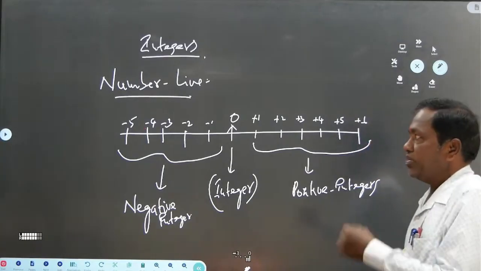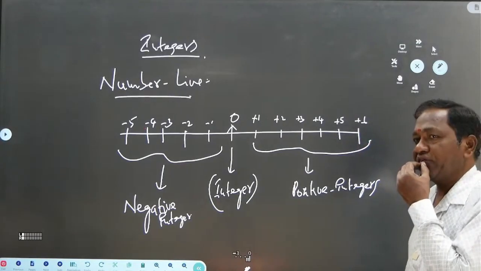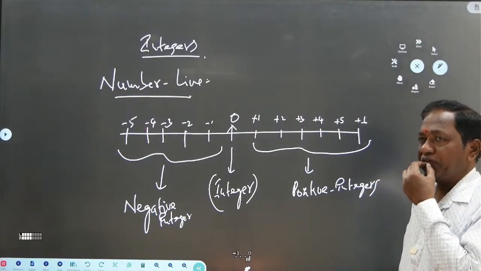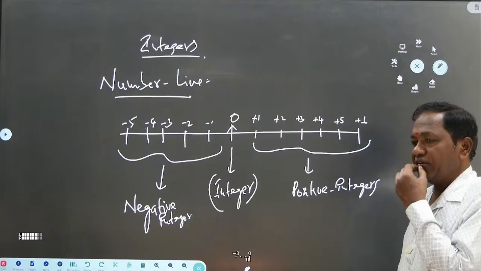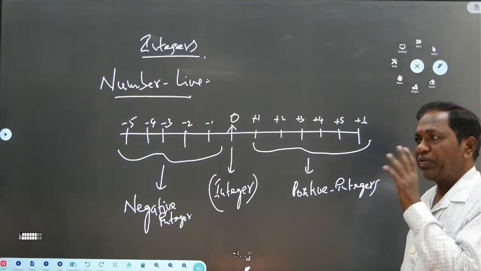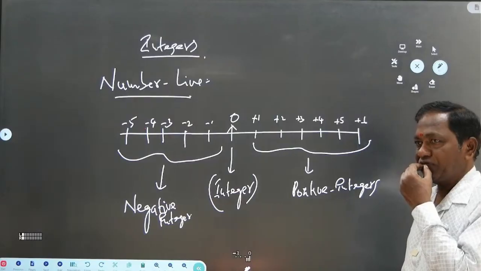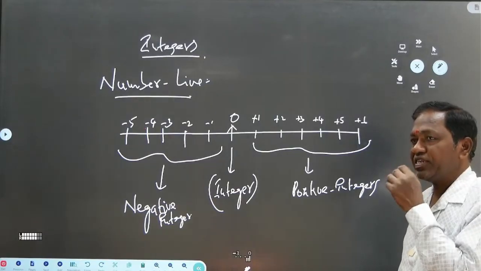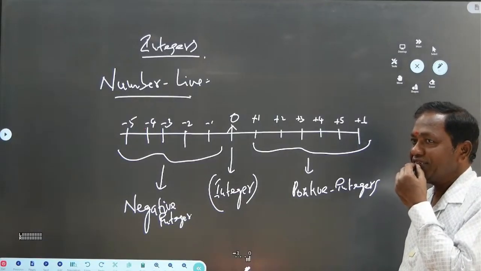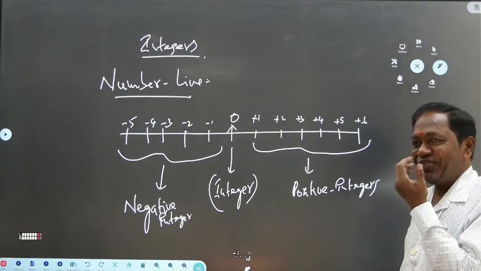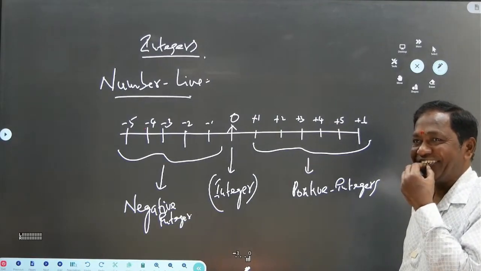But just let me ask you one thing, I'm just trying to interact with you. Are prime numbers negative numbers or positive numbers? Positive. Don't you see negative prime numbers? We know, at the same time we don't know.